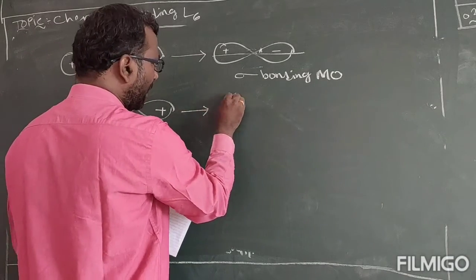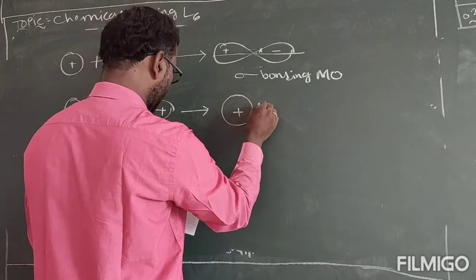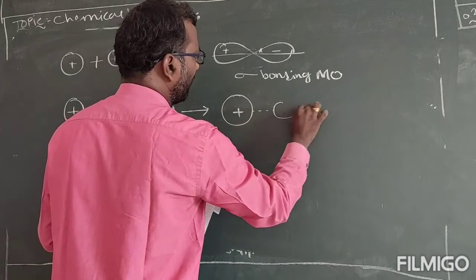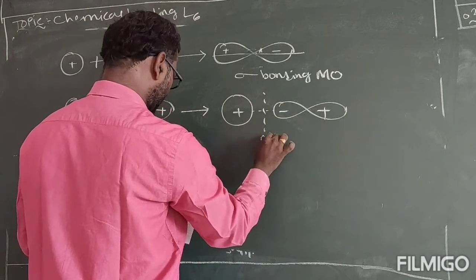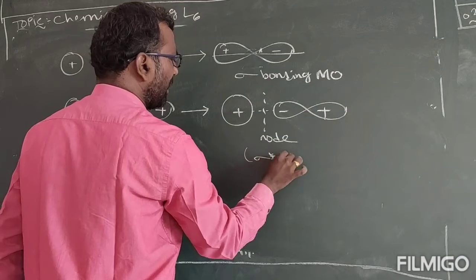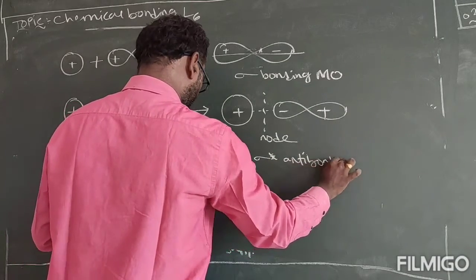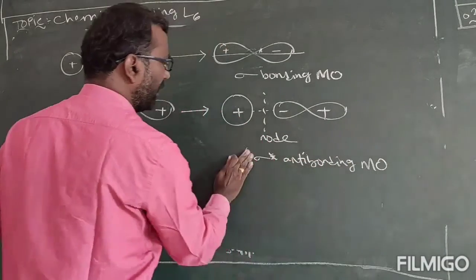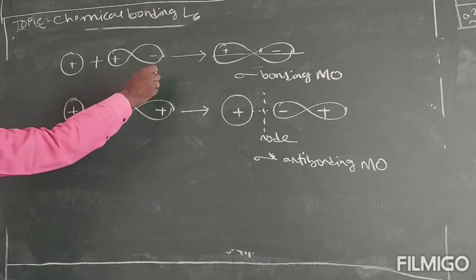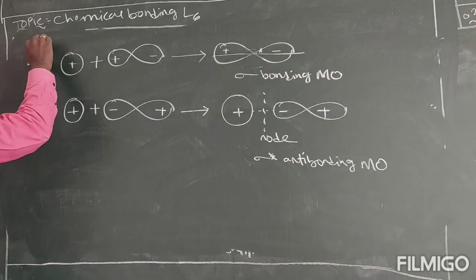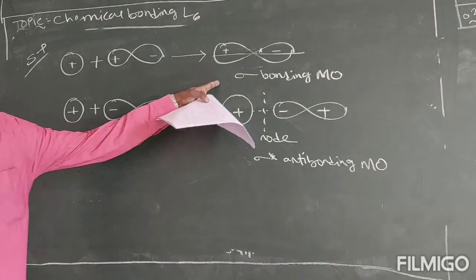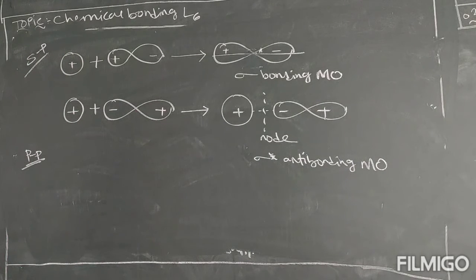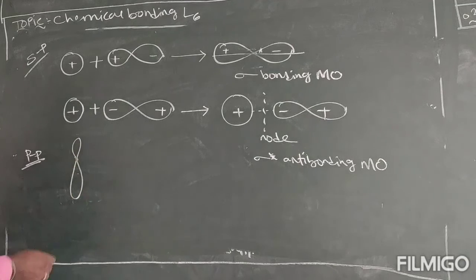So it is anti-bonding. A node will be there. This is the anti-bonding orbital. That is sigma, this is sp. Now we will see regarding pp. This is regarding sigma and sigma star, bonding and anti-bonding. And pi star, how it will be, you will see.